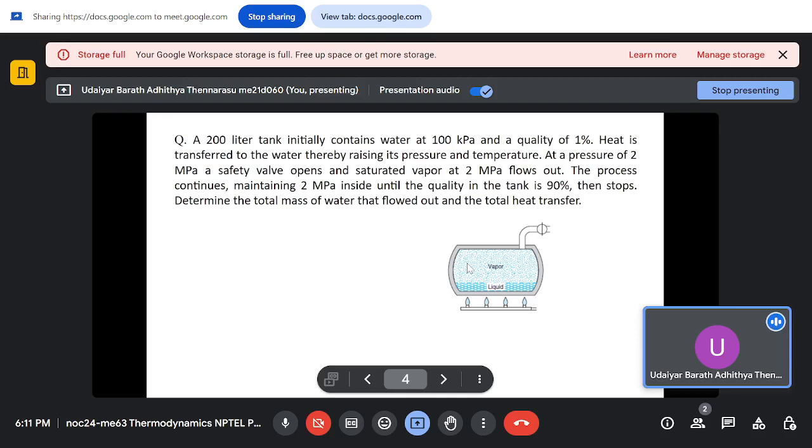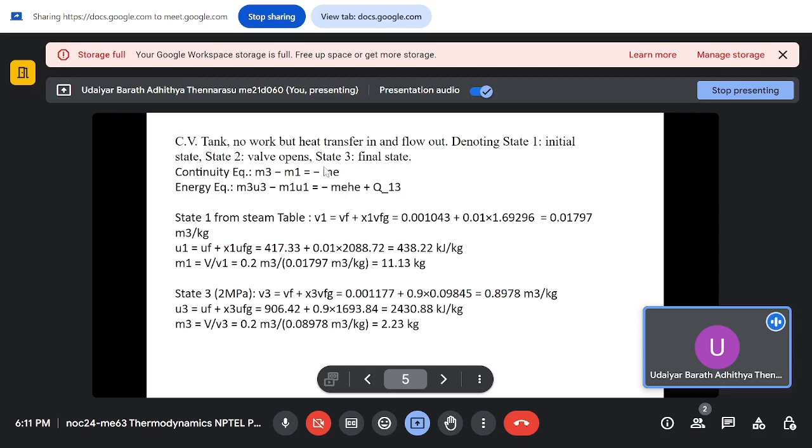So between 1 and 3, there is some amount of mass which is exiting. We denote it as me. So m3 minus m1 equals minus me. This is what we get applying a mass balance.